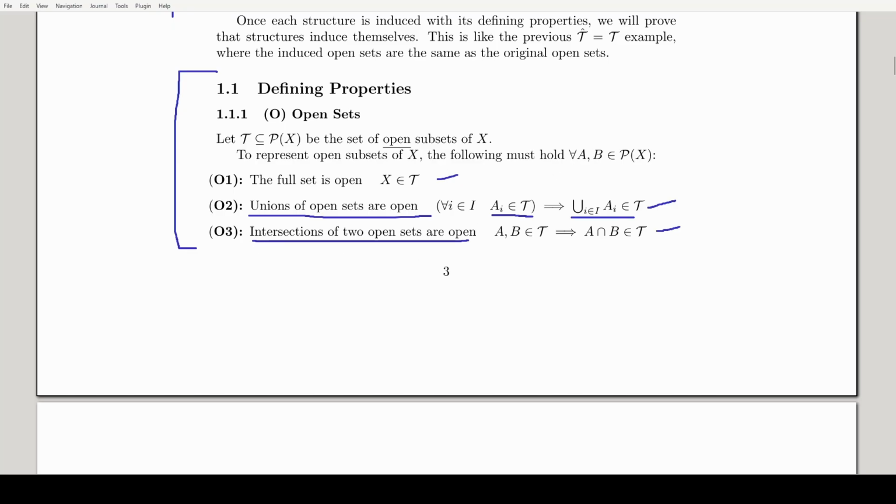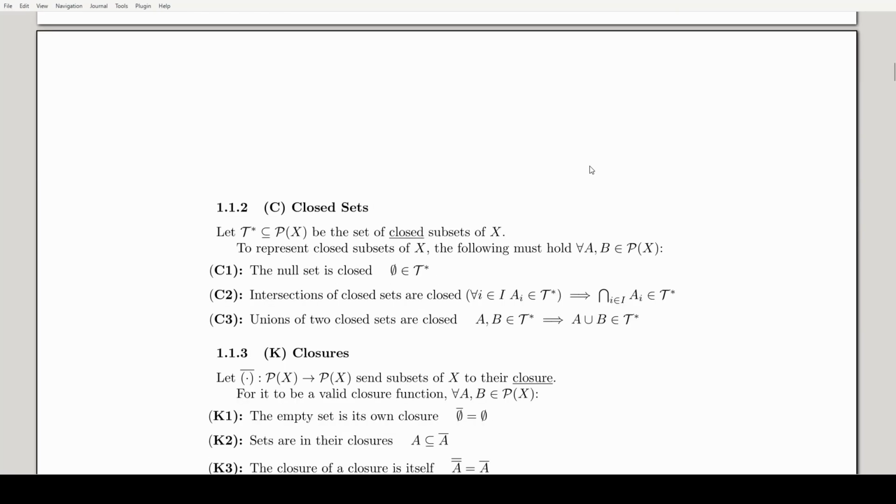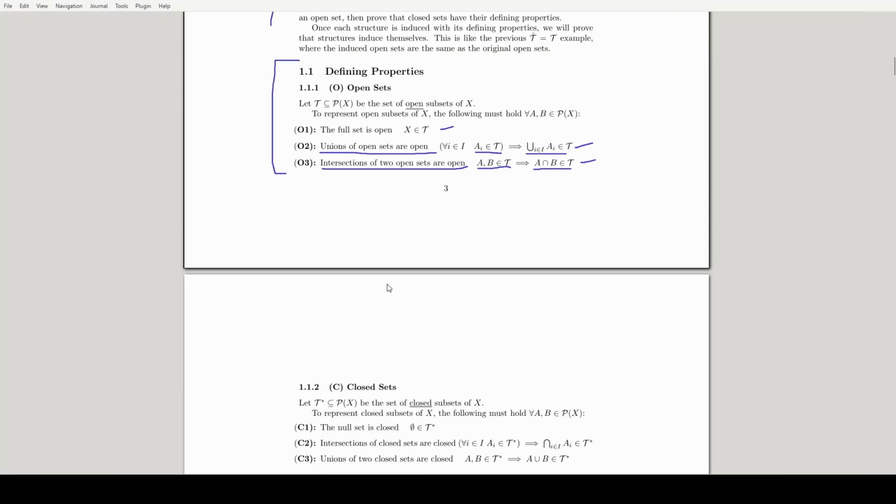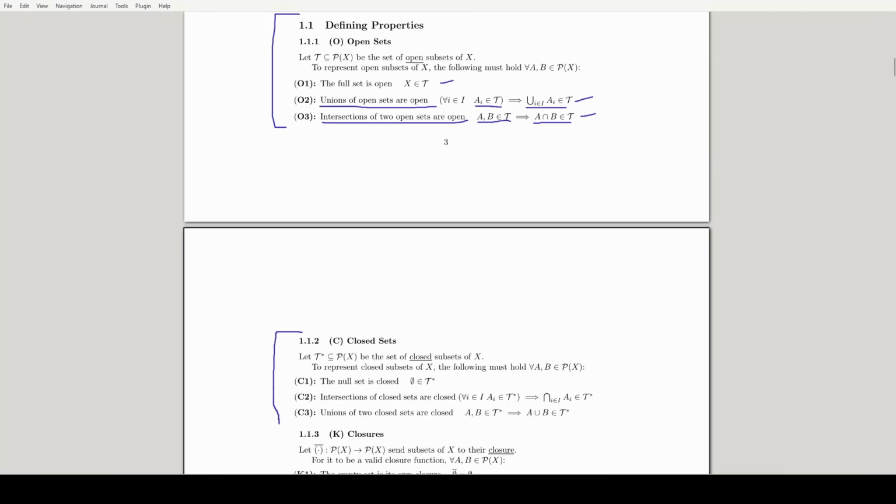And then intersections of two open sets are open. If you have two things that are open and you take all of the things in both of them, that will also be open. So yeah, closed sets are sort of the mirror image of open sets. Instead of the full set is open, it's the empty set is closed.